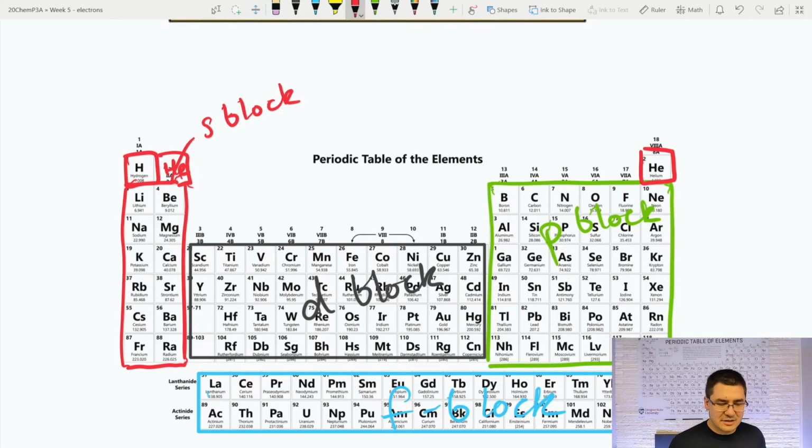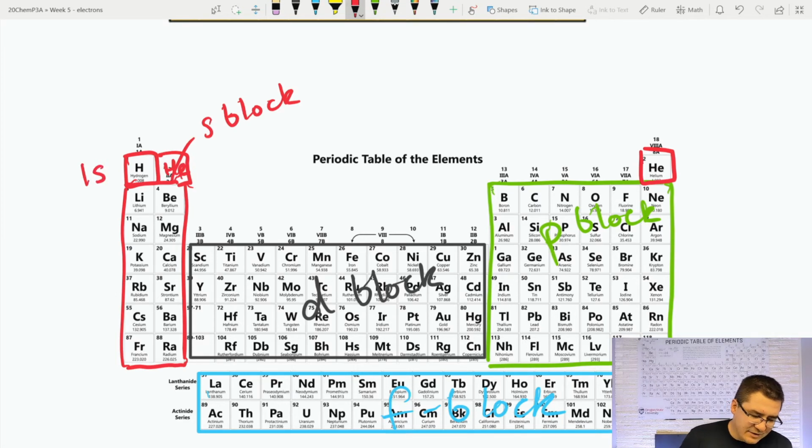Hydrogen and helium are interesting because they can act like group 1 and group 2, or helium can act like a group 8 element and be a noble gas. It turns out the inner energy levels are so small compared to the other energy levels that they can only accommodate 2 electrons, which is hydrogen and helium, elements 1 and 2.